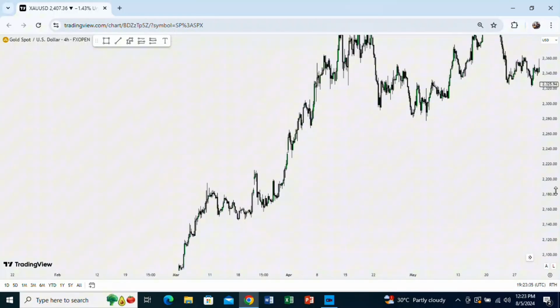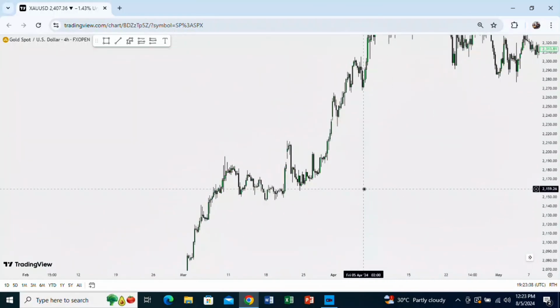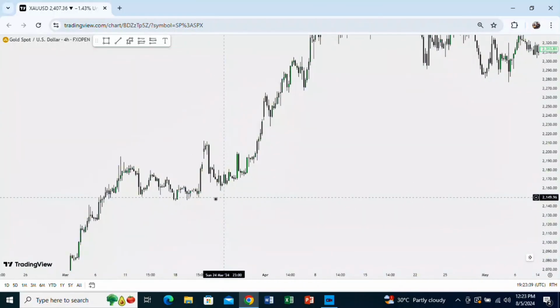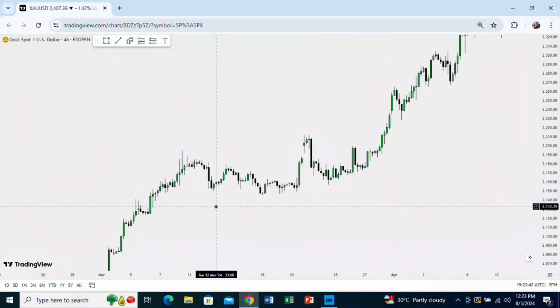So let's suppose you are looking for an entry in this area. Let me zoom in. You will draw these lines. The price was continuously going up, and here you can see a low was made.